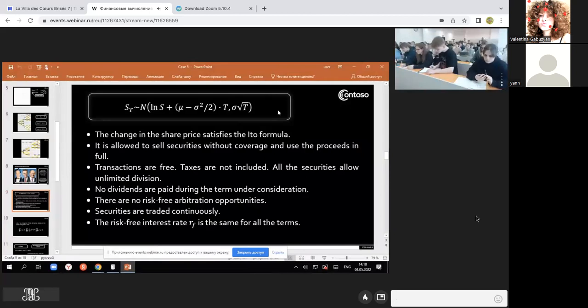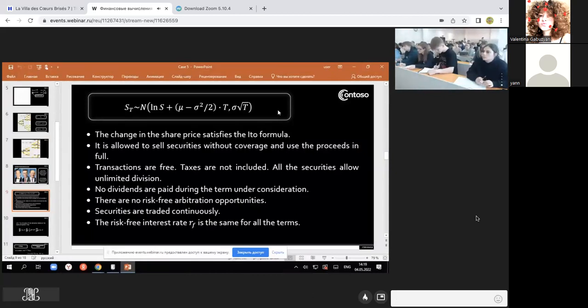Here we should have a normal distribution with what kind of mathematical expectation? First. Yes, very interesting mathematical expectation. And what about the variance? The second part is the standard deviation, so to receive the variance, we should take it to the power of two.